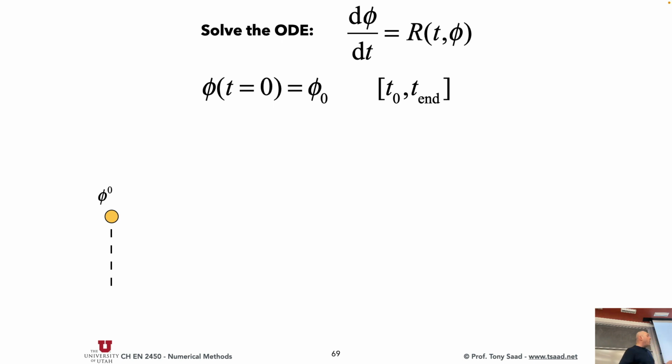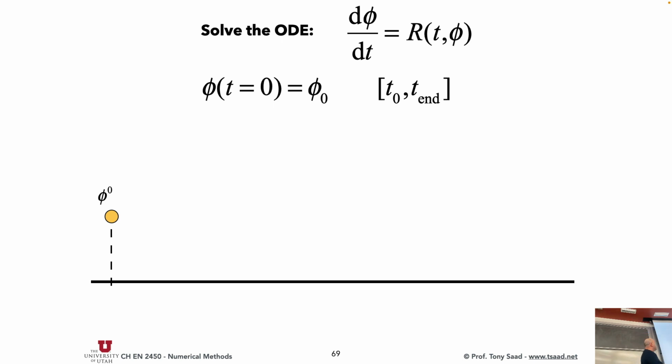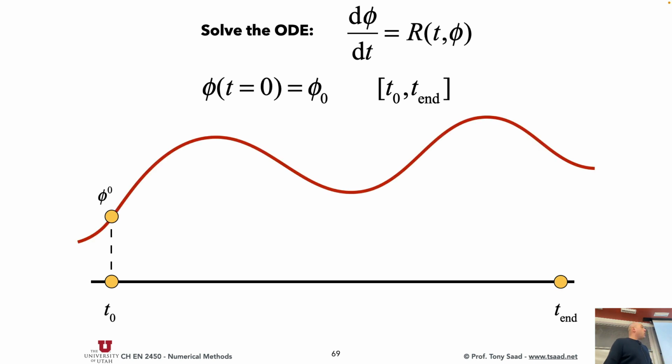And all you know about that problem is this initial condition, phi 0, and you know the rate of change of phi from t0 to t end. So our purpose is to find this curve. We don't know what this curve is, but suppose that it looks like this. Our purpose is to rebuild this curve numerically.